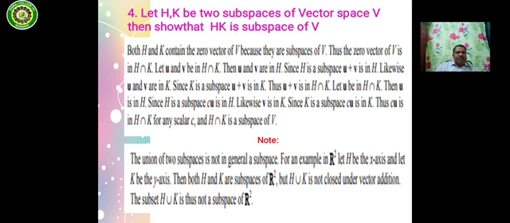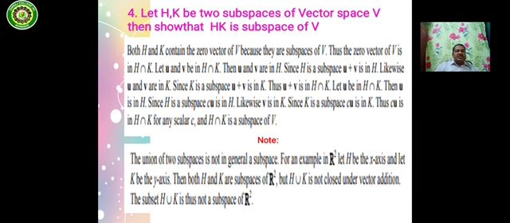Those are: 0 bar belongs to H comma K, u plus v belongs to H comma K, cu belongs to H comma K. By using these three properties we apply them to H intersection K also.